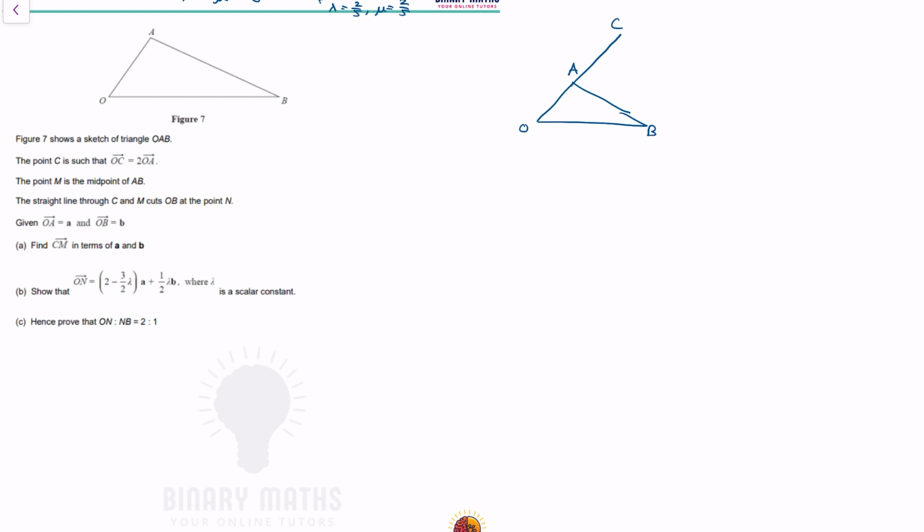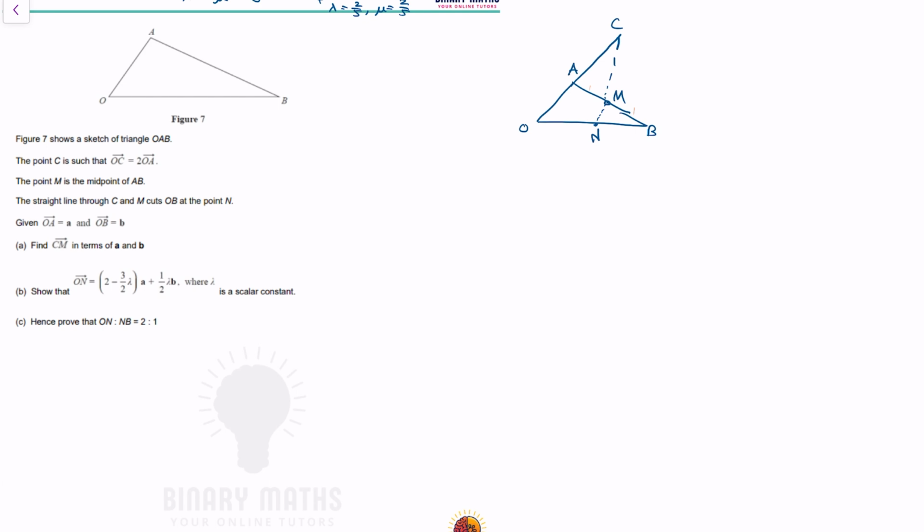The point M is such that M is the midpoint of A to B. Somewhere here, M is the midpoint. Let's put 1 to 1. The straight line C and M cuts OB at point N. So if we join it up, then here somewhere it's N.